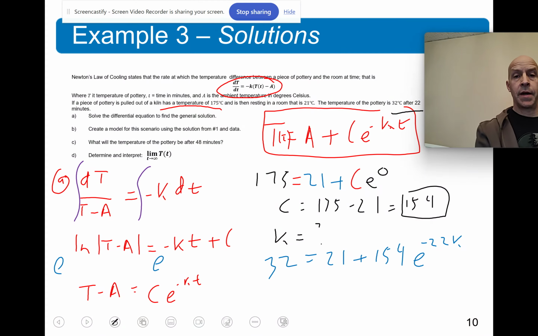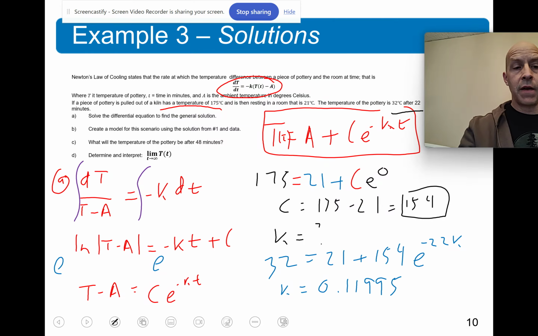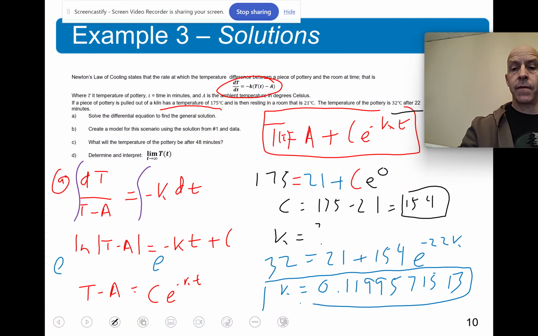And I get an answer here of K is equal to 0.1199571513. So there's my K. I'm going to store that in A. And I know my C is 154. I'll write that down. And A is 21.